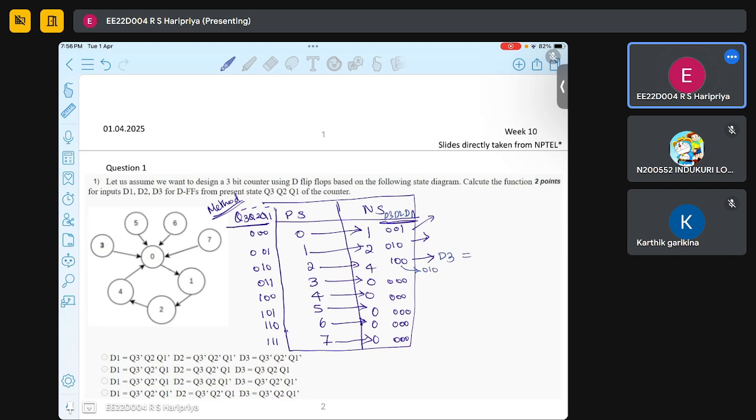So this is Q3 complement, Q1 complement. It's 4, right? Yeah.